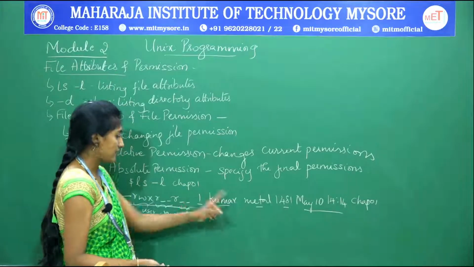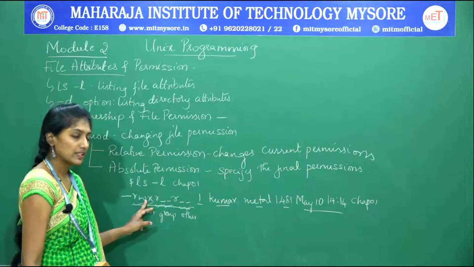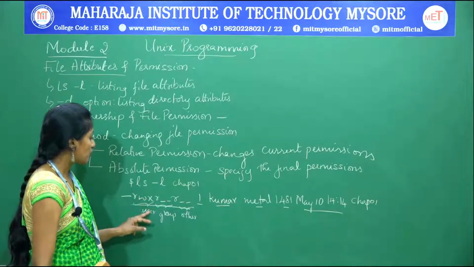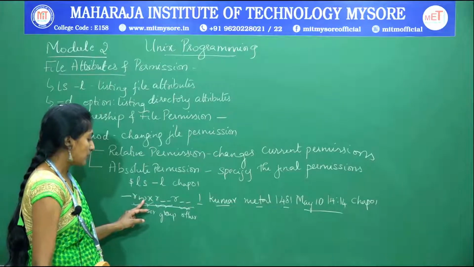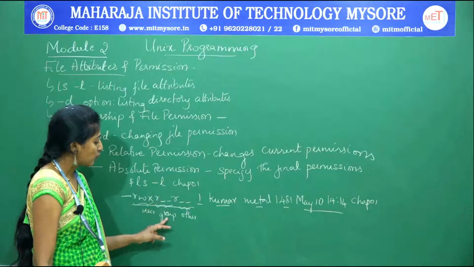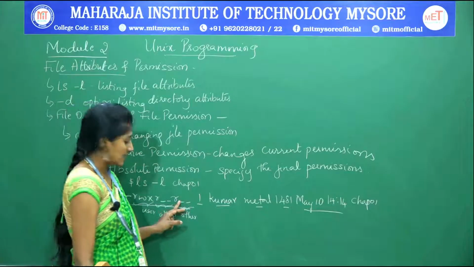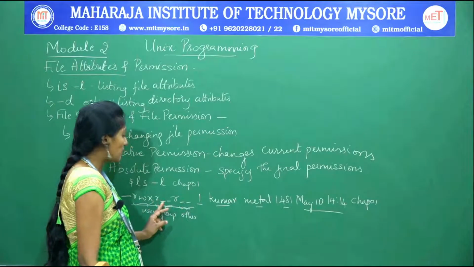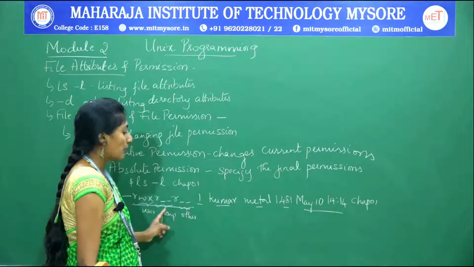The permission assigned for chapter 1 is: for user, read, write and execute permission. R represents read, W represents write, X represents execute. For group only read permission has been assigned, and for others only read permission has been assigned, whereas the other 2 permissions, write and execute, have not been assigned for group and others.